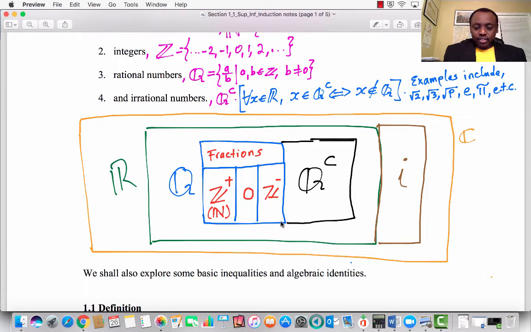So the box in blue, that will be the set of rational numbers. Now, if I put on it the set of irrational numbers, all in black, then the box in blue and the box in black together would give me the big box that is in green, and that is the set of real numbers. So all of these are subsets of the set of real numbers.